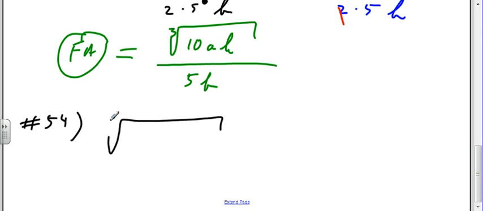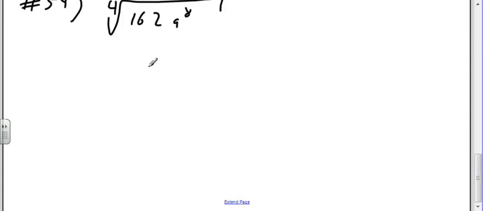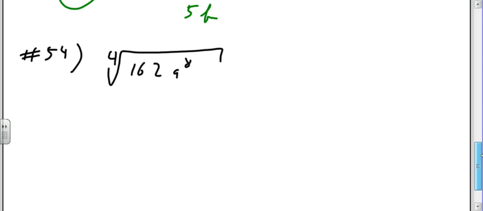Fourth root of 162a to the 8th. All right, so I'm looking at 162. Your calculator is not going to do that for you because you have this a sitting here. So 162 would be 2 times 81, which is 9 times 9, which is 3 to the 4th.